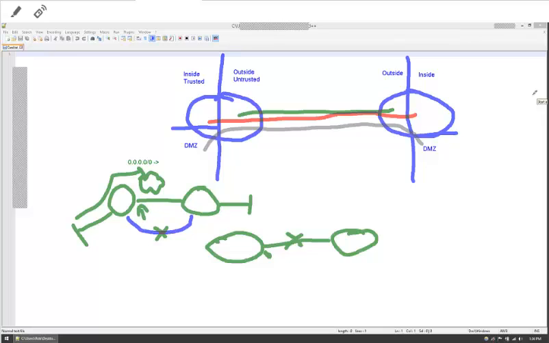VRF Lite is just like VRFs with static routes, right? Did you say it was just a bunch of static routes? No, I said VRF with static routes. Well, not necessarily. You're using VRFs to segment, to partition the network, but you're not using MPLS.